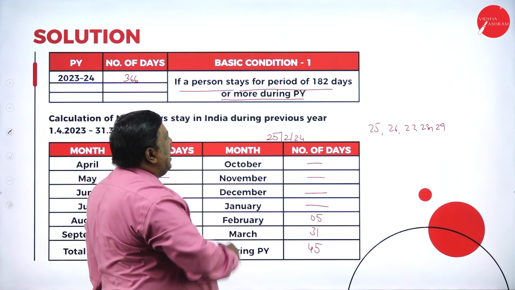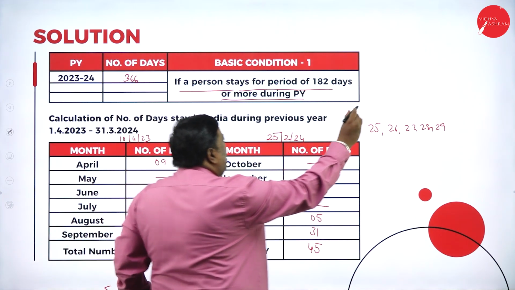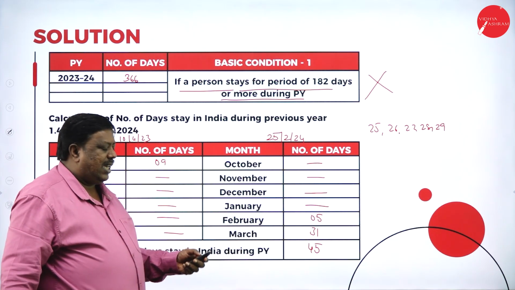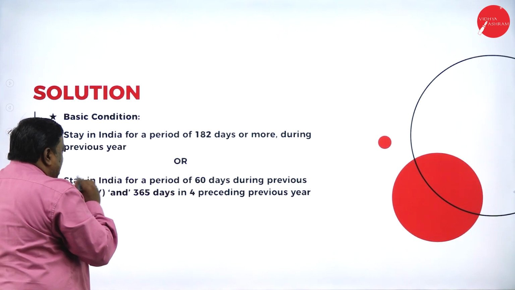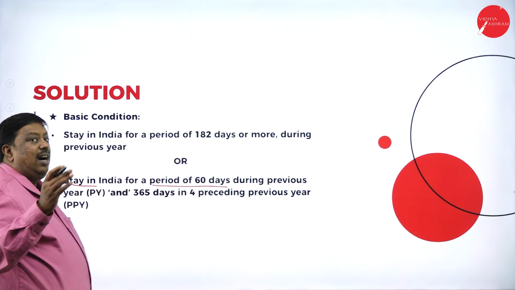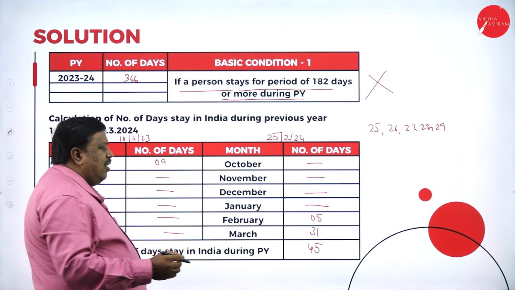What is my first basic condition? I should stay in India for 182 days. So I couldn't satisfy my first basic condition. Then what is my second basic condition we have here? My second basic condition, stay in India for a period of 60 days. The first half of the second basic condition says that one has to stay in India for 60 days.